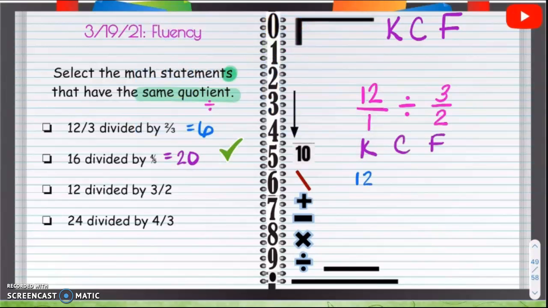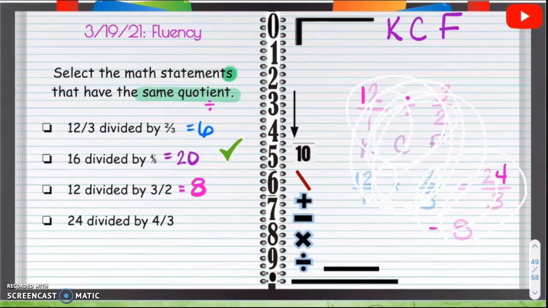So we have 12 over 1 times 2 thirds. 12 times 2 is 24, divided by 1 times 3 is 3. 24 divided by 3, remember this always means divide. 24 divided by 3, you should get 8. So this equals 8.